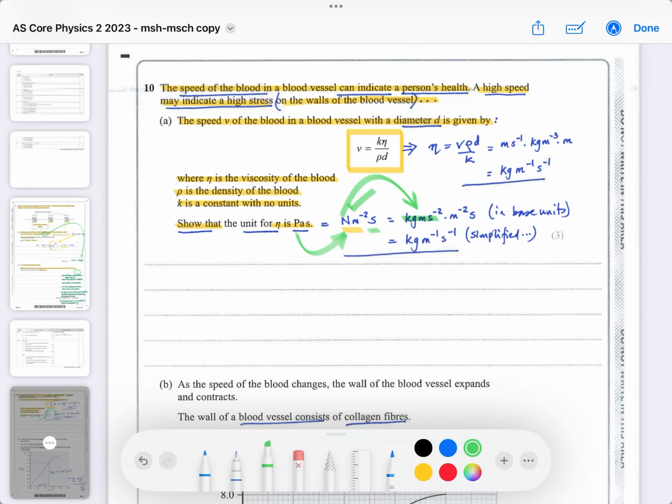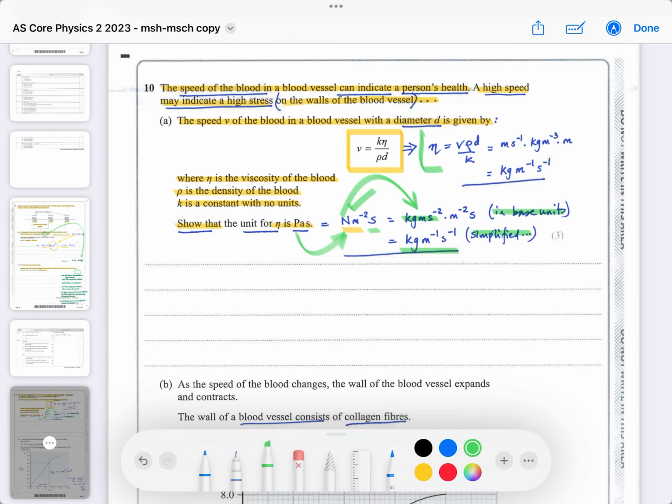Then I've put what was left from under the newton in there, added them in, and simplified it. So when I look at pascal seconds, it comes to the following base units when simplified: kilograms per meter per second.